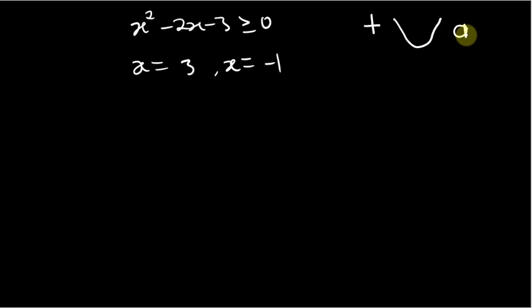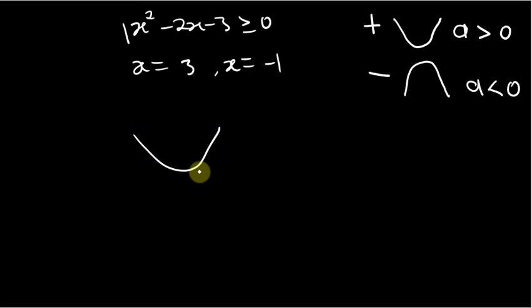This is when the coefficient of x squared, that is the a, is greater than 0. And anytime the coefficient of x squared, that is the a, is negative, the shape is going to be like this, and that is when a is less than 0. Okay. Now in this case, the coefficient of x squared was positive 1, so the shape of this quadratic expression when we graph it is going to be of this form, U shape.